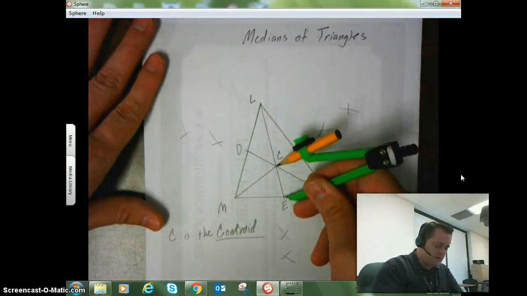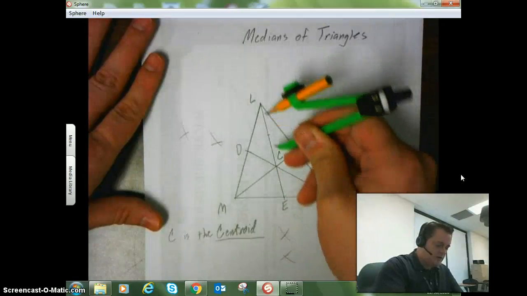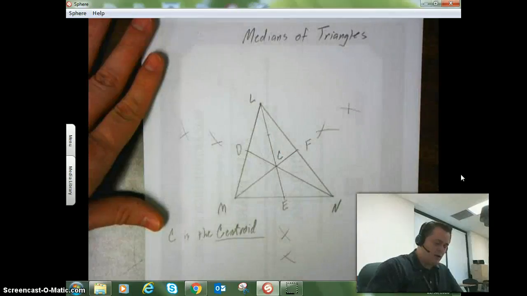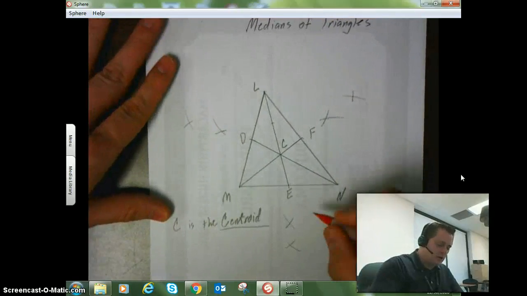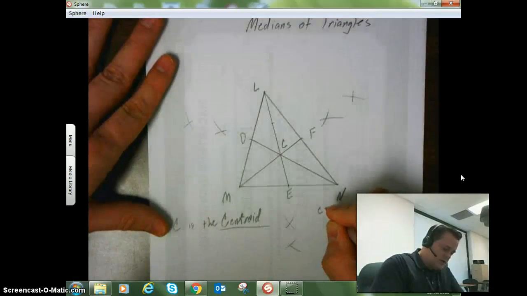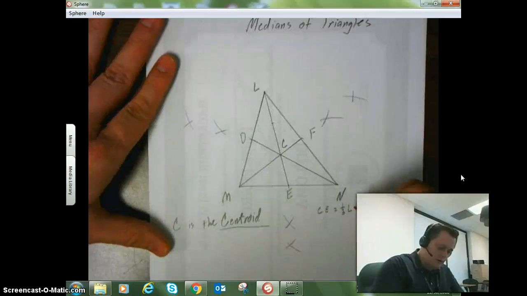Looking at CE, here is another length of CE, and here is another length of CE. So what I can conclude is that CE is 1/3 of the whole length, LE.